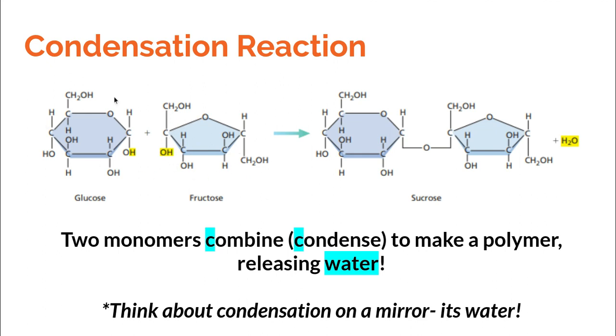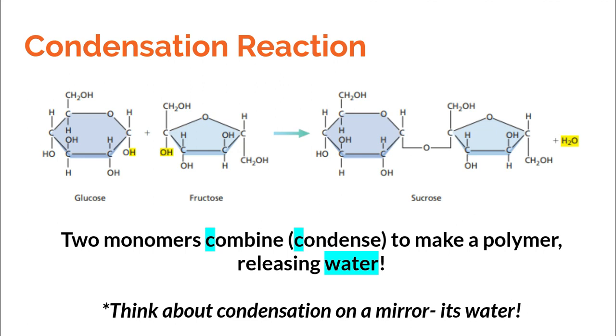But these two smaller molecules, glucose and fructose, can combine together to make a bigger molecule, a polymer. So when we have two smaller molecules, these monomers, they combine together to make a polymer in a process called a condensation reaction.